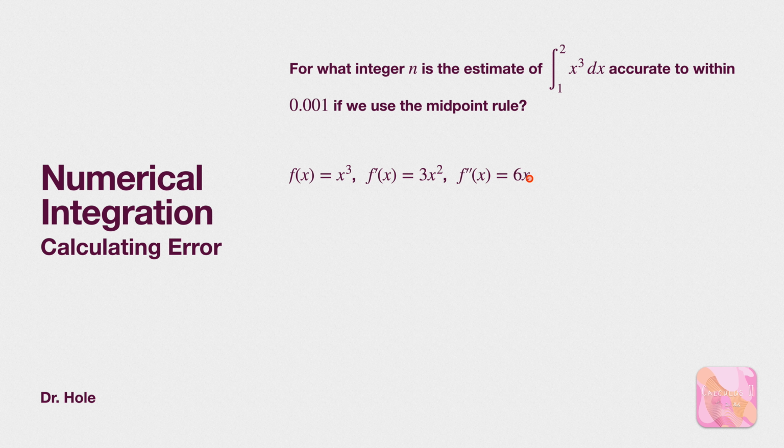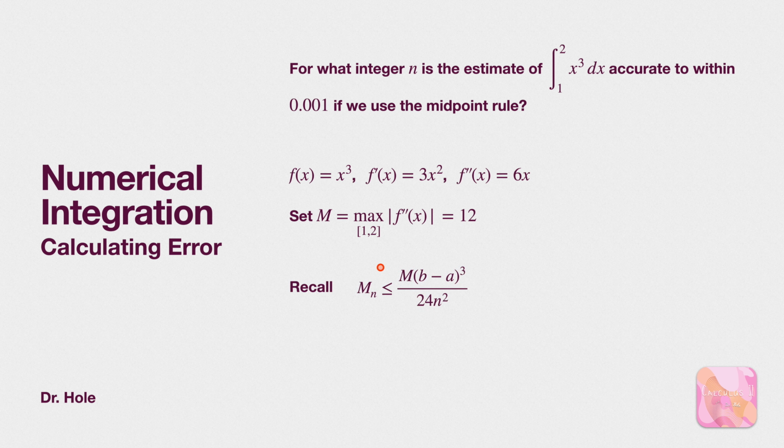So for all its possible values from 1 to 2, the largest value is going to occur at x equaling 2. So capital M, the maximum of the absolute value of f double prime over the interval 1 to 2, is 12. 6 times 2. Good.